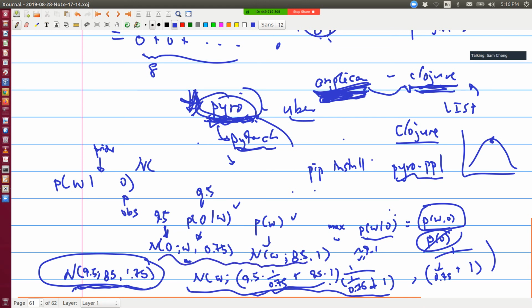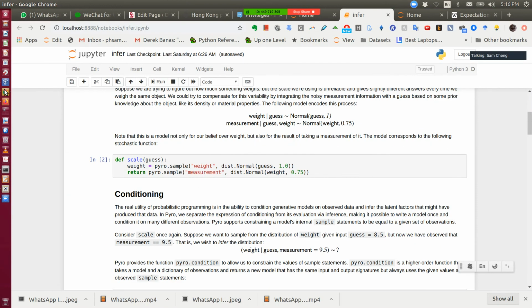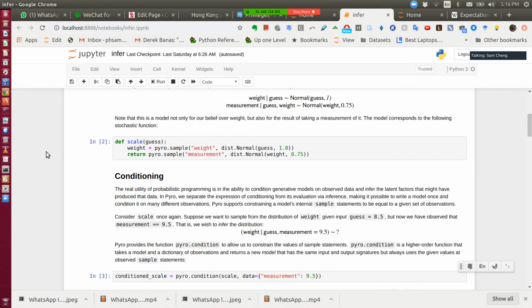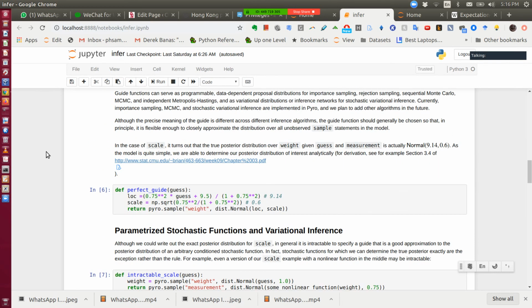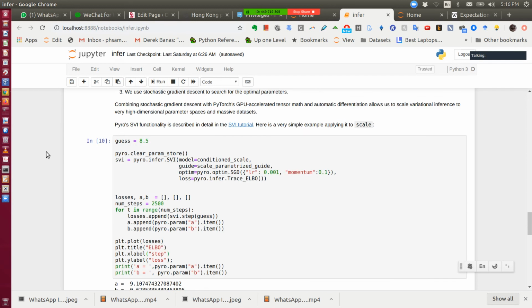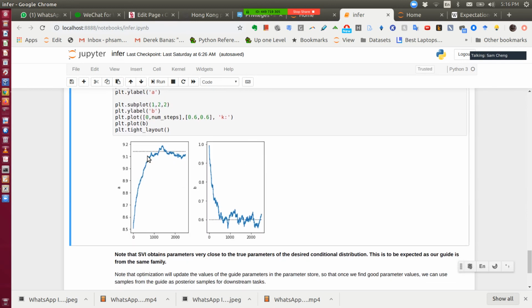And how can a machine do that? The machine doesn't know how to do this equation. So instead, it will do iteration, and the result is close. It has 9.1 something.